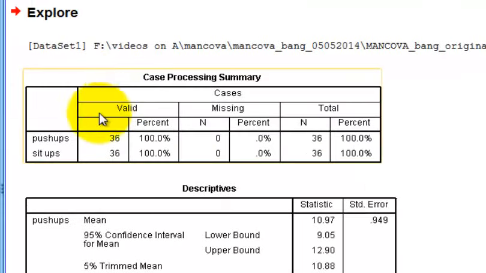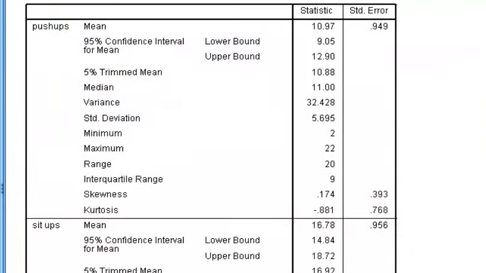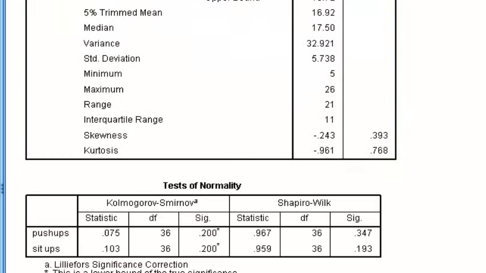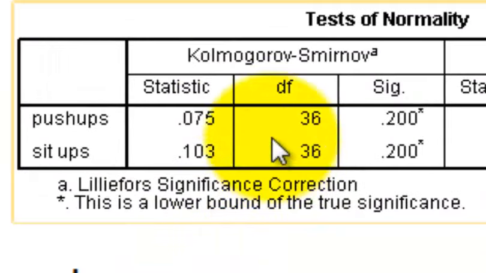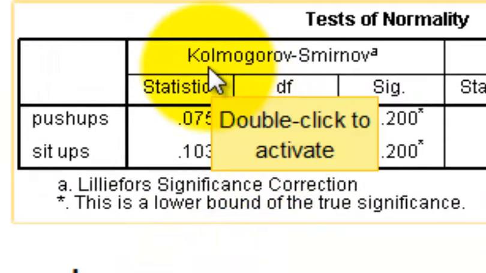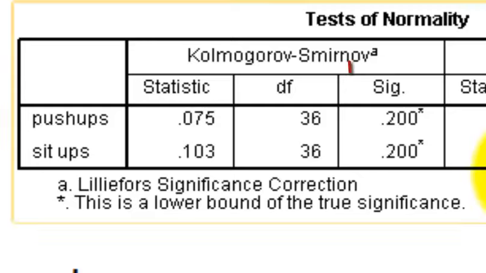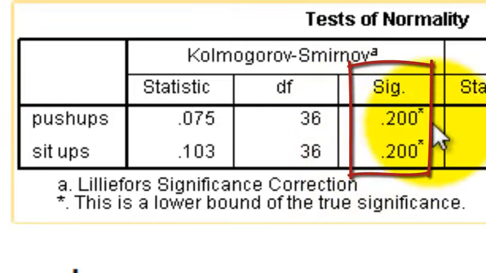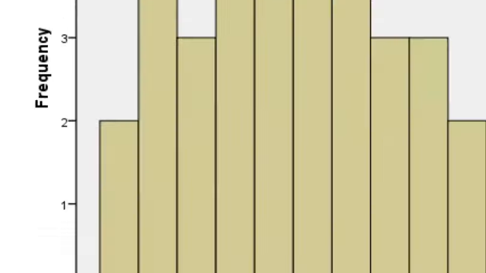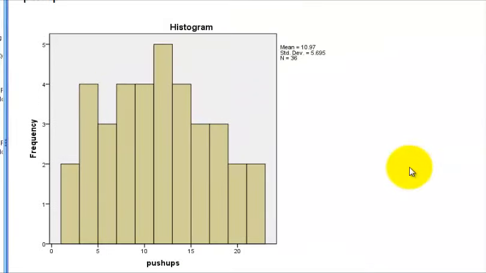So SPSS, there's 36 in the push-ups and the sit-ups, nobody missing. And there's the means of the push-ups, means of the sit-ups. Here's our normality test, the Kolmogorov-Smirnov test. So the push-ups or the sit-ups did not violate the assumption of normality. So we're good to go. That kind of looks pretty normal.